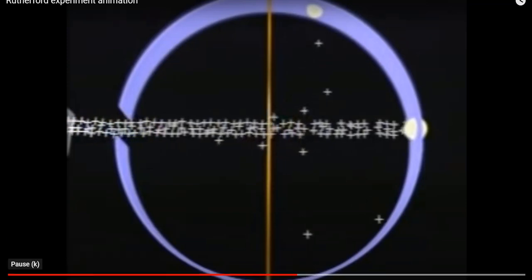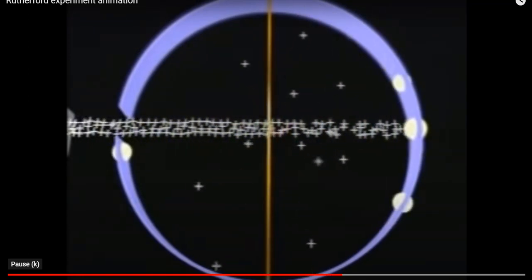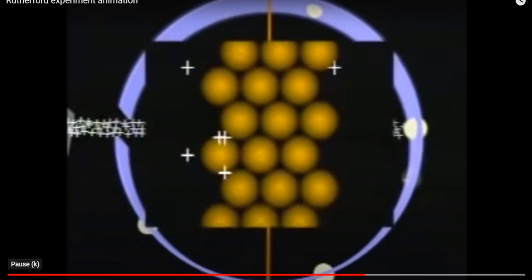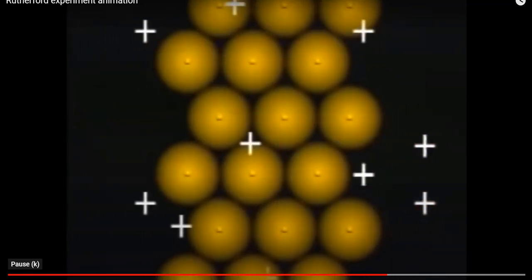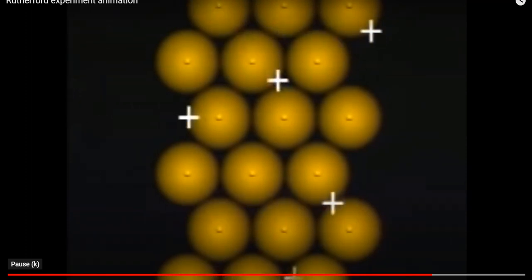And what you'll notice is that that's exactly what happens. The gold foil's nuclei basically deflected these incoming radioactive beta particles. And it resulted in all these off-angle detected radioactive particles on the detector.